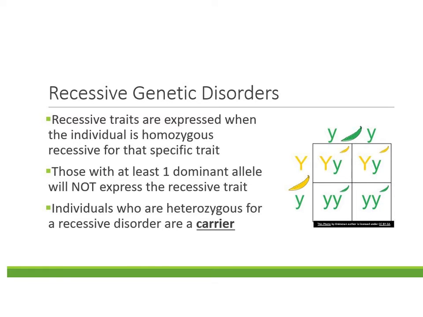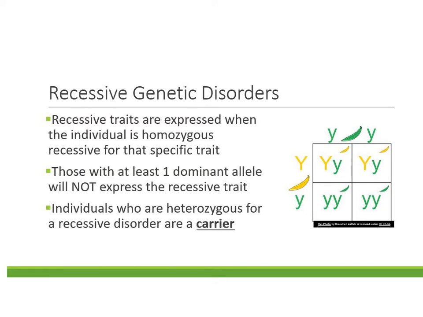The same thing is true for those recessive genetic disorders. One of them was cystic fibrosis. In order for an individual to have cystic fibrosis, you have to get the recessive gene from both your biological mom and your biological dad. If you get at least one dominant allele, then you do not express that recessive trait.